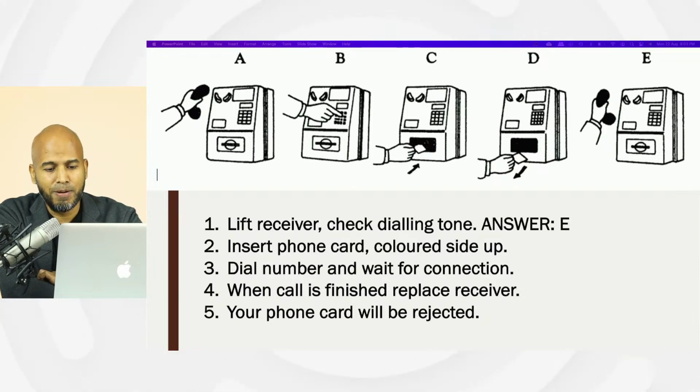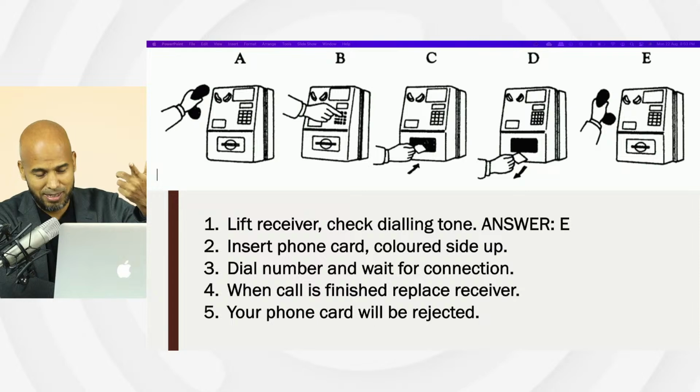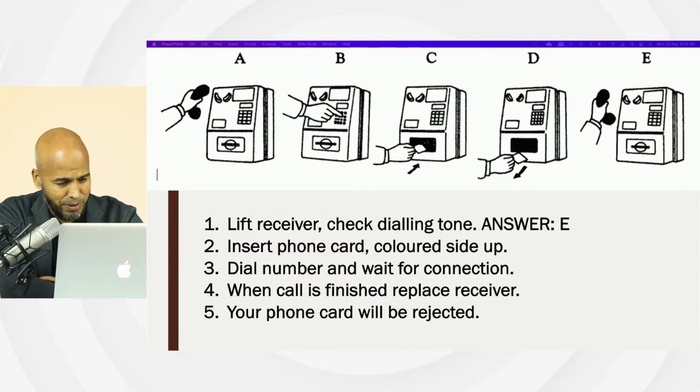We need to understand both images and statements. There is an example given. Image number E, if you consider statement number 1: lift receiver, check dialing tone. The answer is E, because image E shows that someone is lifting the receiver for dialing.